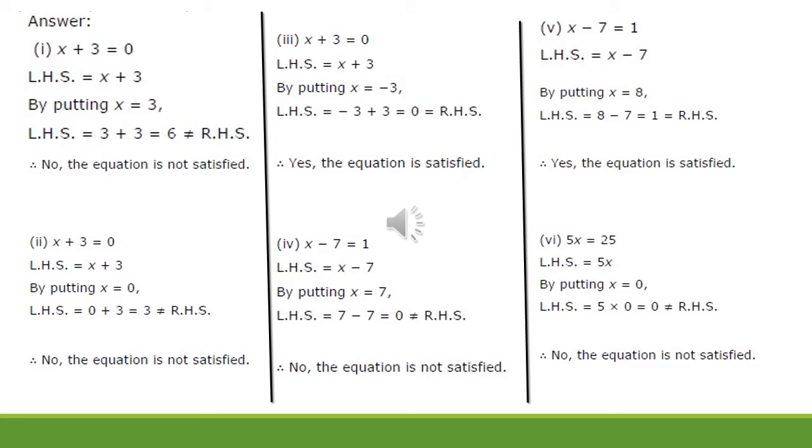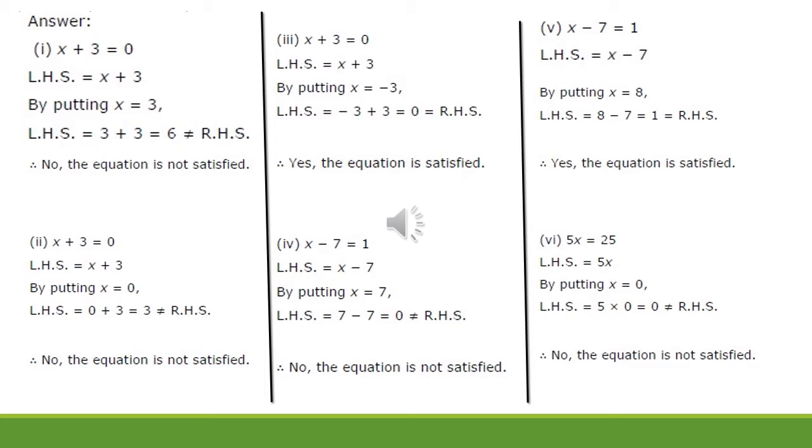Same equation is given, x plus 3 is equal to 0. We are substituting the value of x as minus 3. So LHS becomes minus 3 plus 3 is equal to 0, which is equal to the RHS given. So in this case, the equation is satisfied.